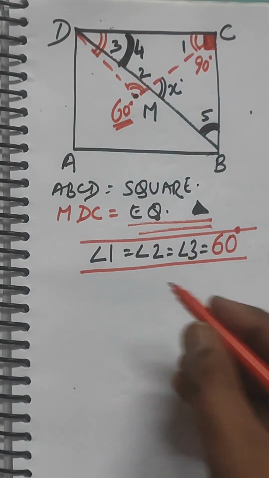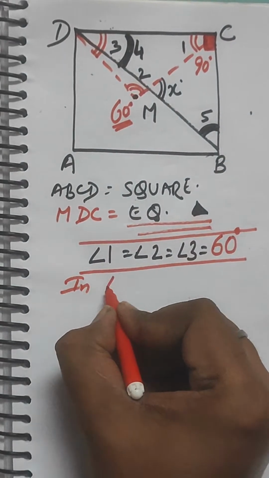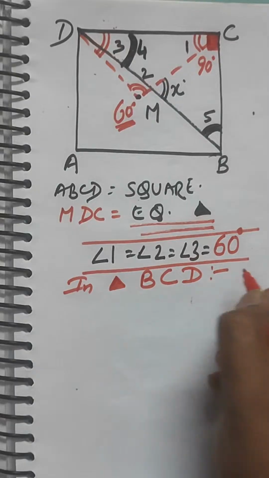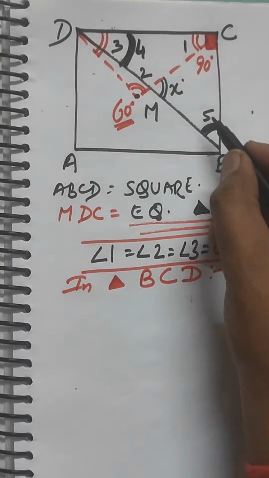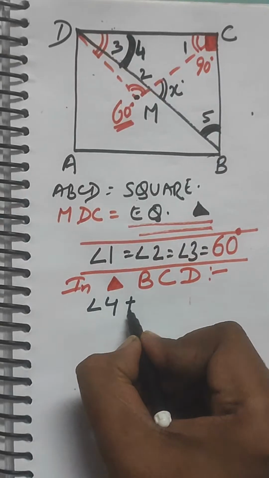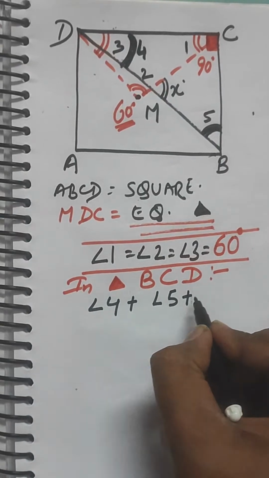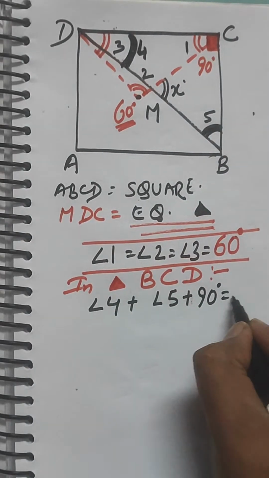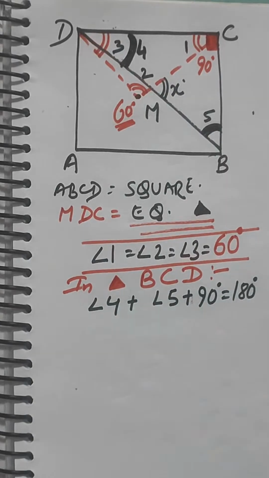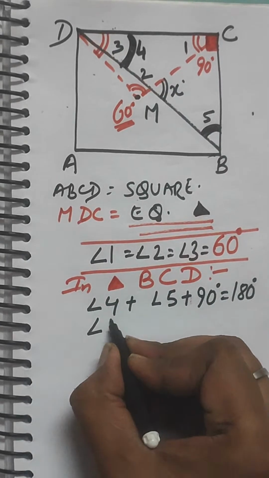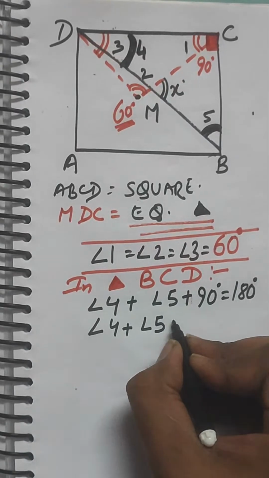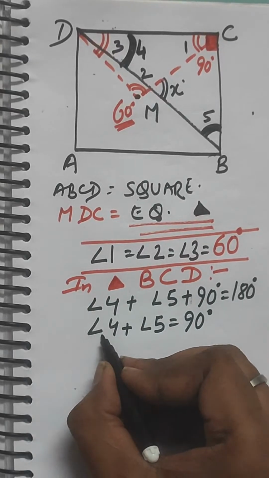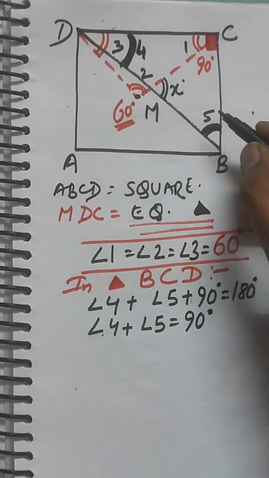Then in triangle BCD, angle 4 plus angle 5 plus angle C, which is 90 degrees, add up to 180 degrees. So angle 4 plus angle 5 is 180 minus 90, which is equal to 90 degrees.